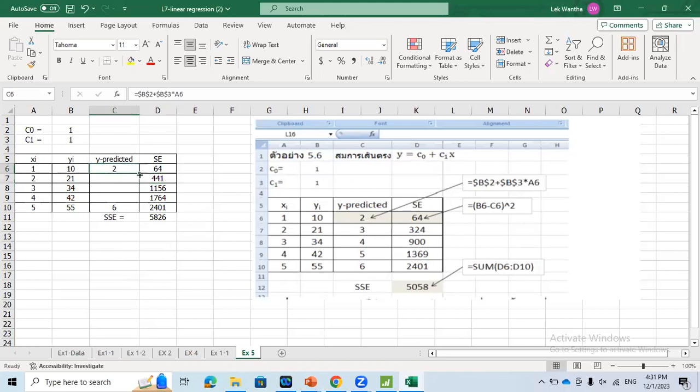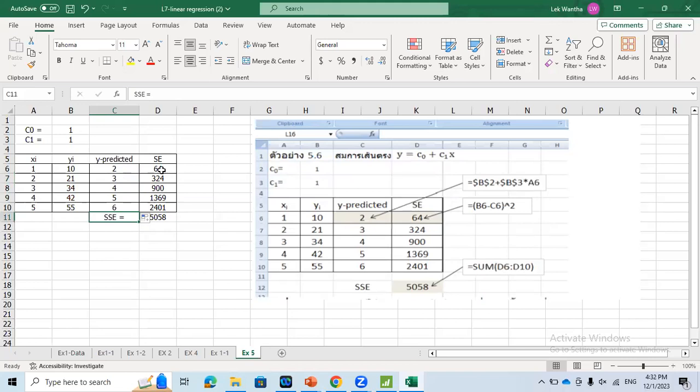You can copy down. This changes only the cell of x, so A6, A7, A8, A9, A10, but B3 and B2 are fixed. And then you calculate the error.